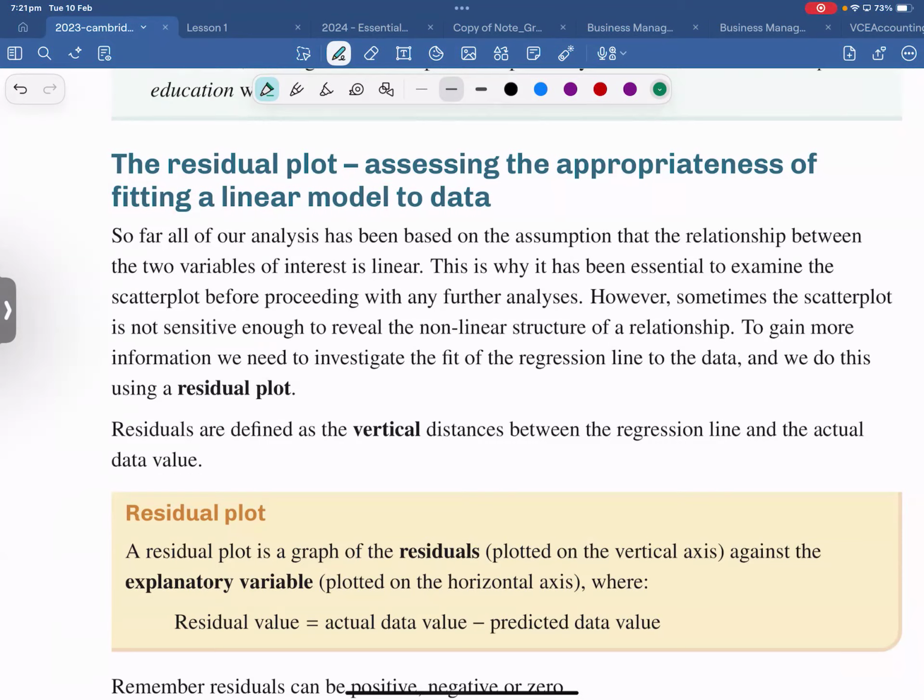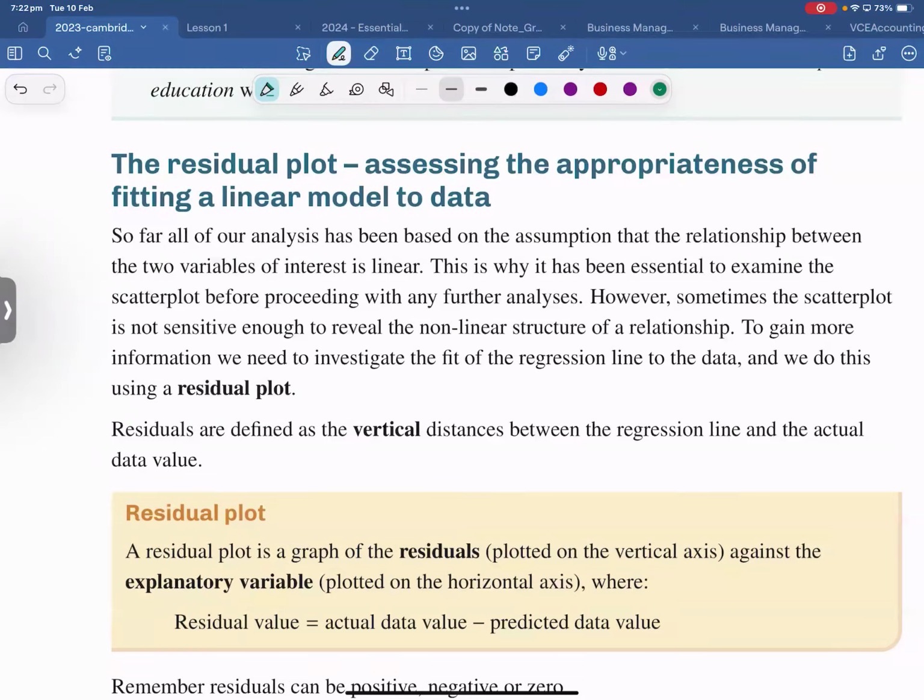Yeah, residual plot. Do you remember? Anybody remembers the residual plot? It's the actual minus the predicted data values.